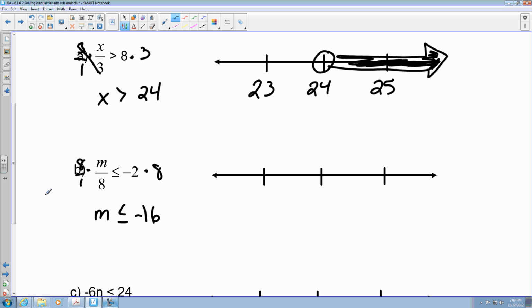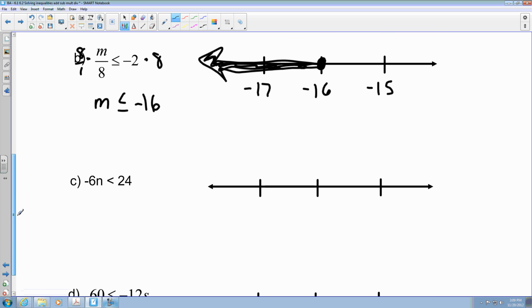So here again, we got negative 16, and larger is negative 15, and we have negative 17 here. It is less than or equal to, so it is a closed circle, and the arrow is pointing to our left, so we are going to highlight the graph like so.